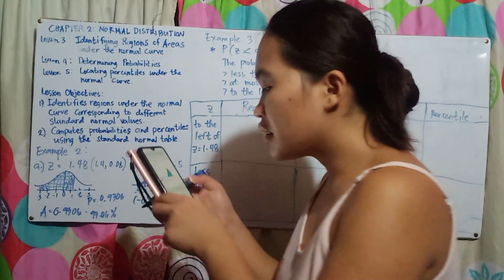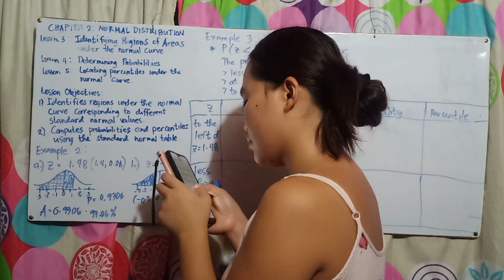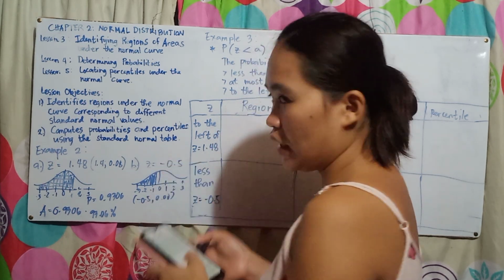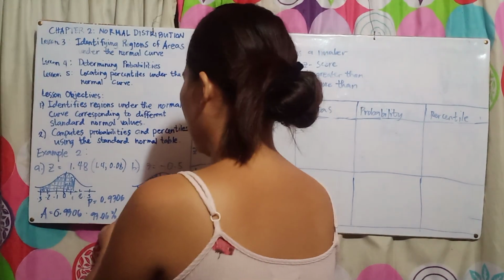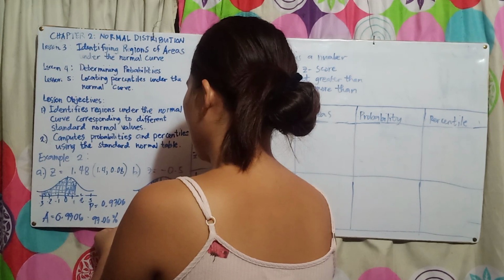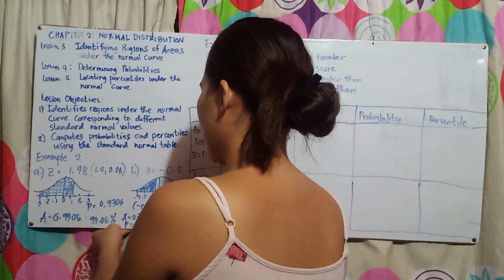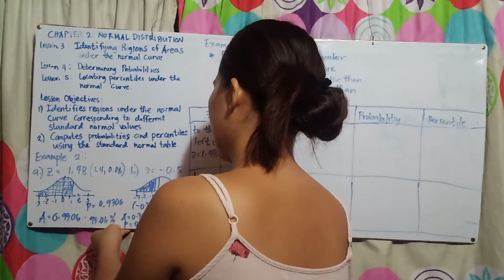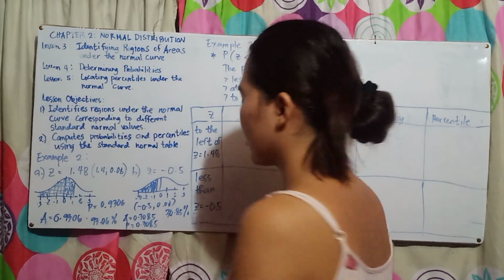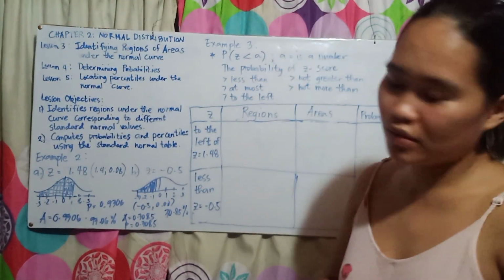We look in the table, 0.3085. So, the area is 0.3085, the probability is the same, 0.3085. The percentile is 30.85%.